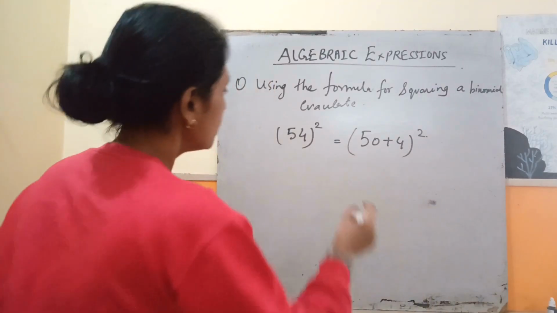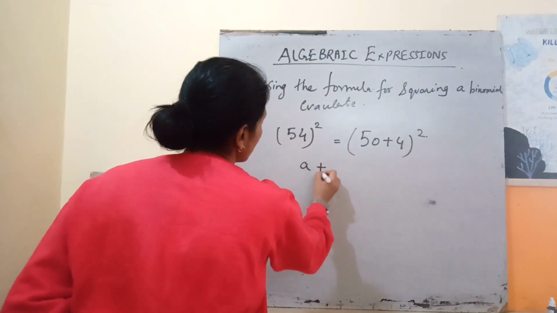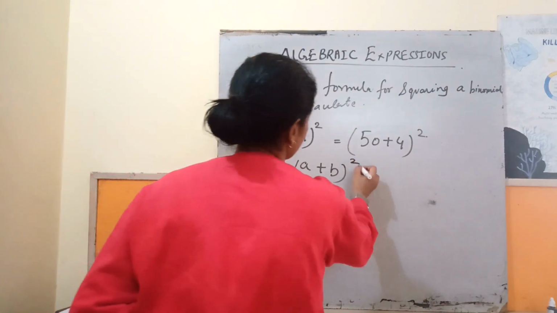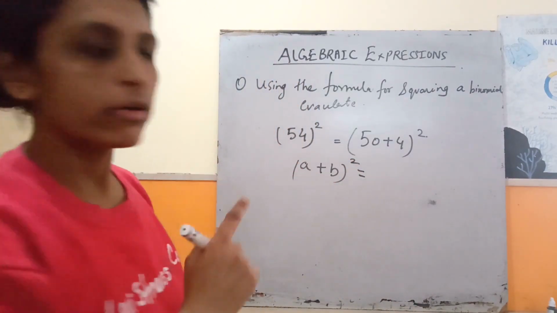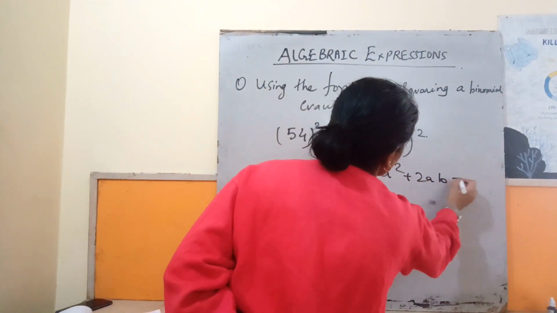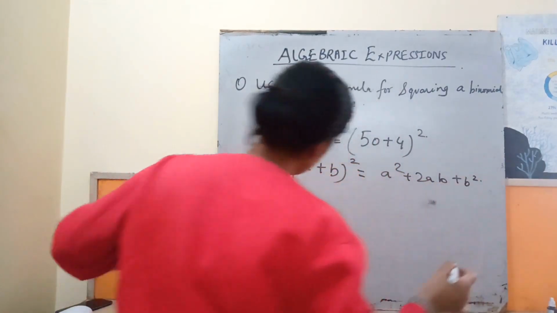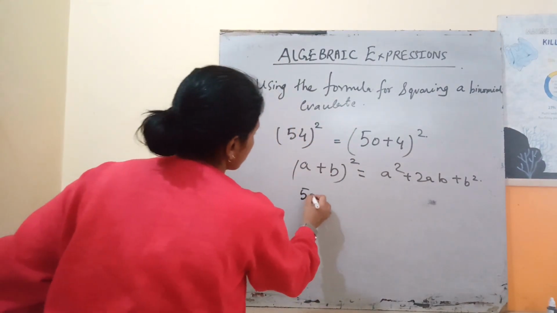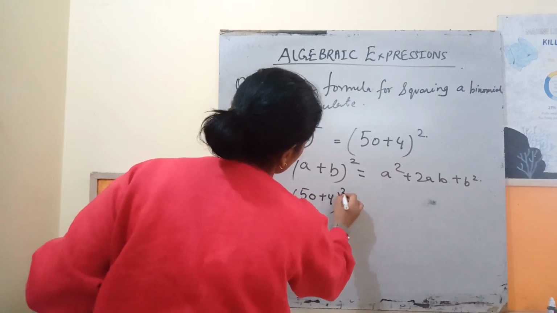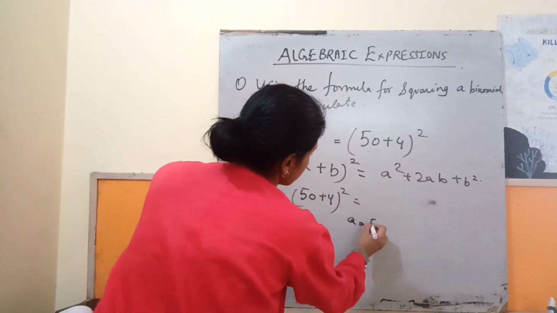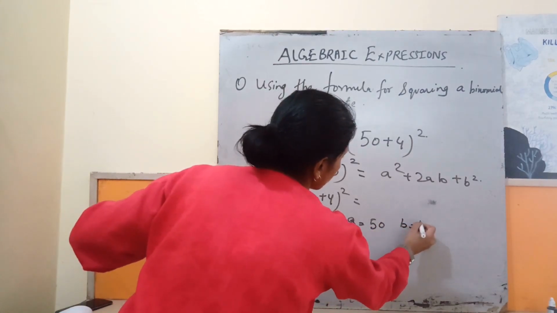So we can apply here the identity a plus b whole square, that will give us a square plus 2ab plus b square. Now when we compare 50 plus 4 the whole square, we get a as 50 and b as 4.